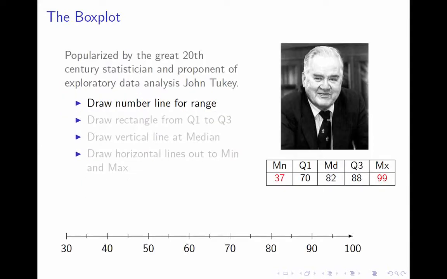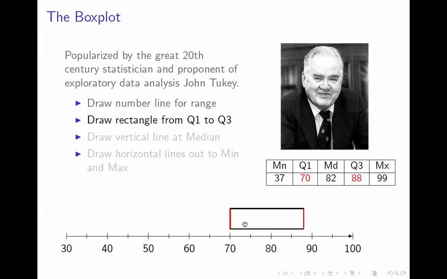Here's how it works. Like histogram, dot plot, all our other visual representations, it begins with a number line, a horizontal number line, that includes everything from the minimum to the maximum. It can go beyond those, as always. So from 37 to 99 is on this number line. And then the first step, or second step, I guess, is to draw a little rectangle that goes from Q1 to Q3.